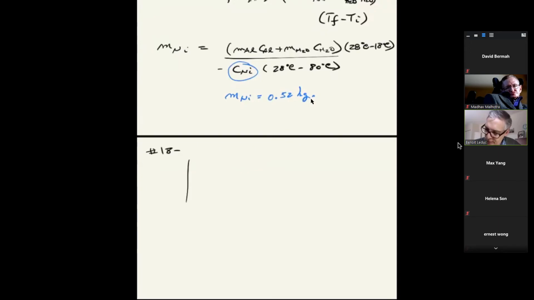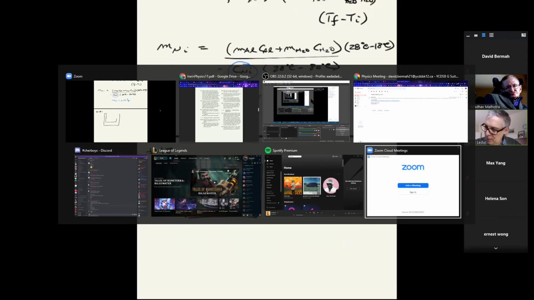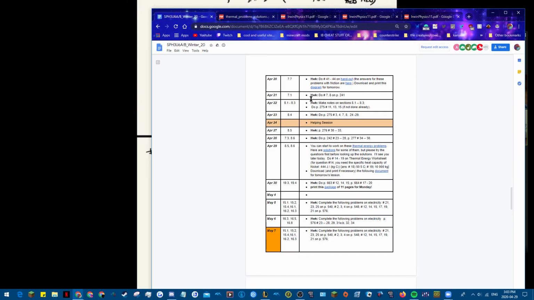An ice cube of mass 40 grams from the freezer compartment is put into a styrofoam cup, so that's the styrofoam cup here, containing 120 grams of water. So let's put it here.